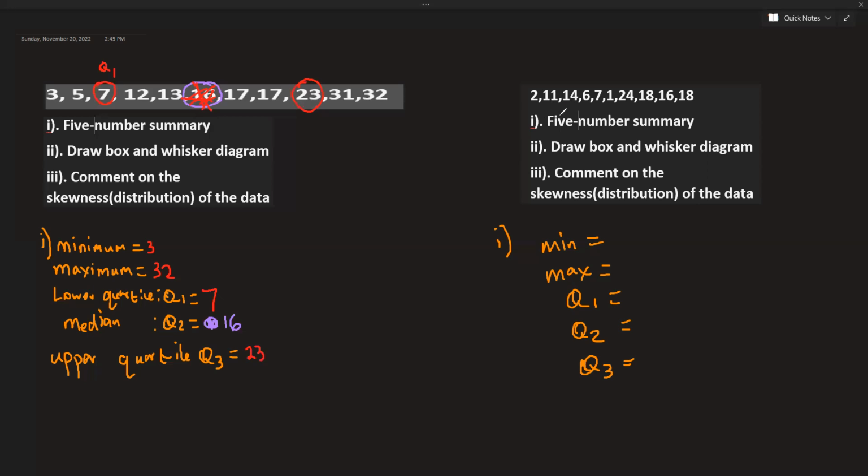On this data, I can see that I have a little bit of an issue, because the data is not arranged in ascending order. So I have to arrange it first. Let's quickly do that.